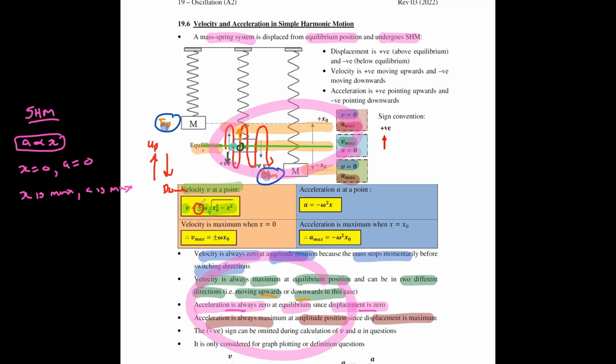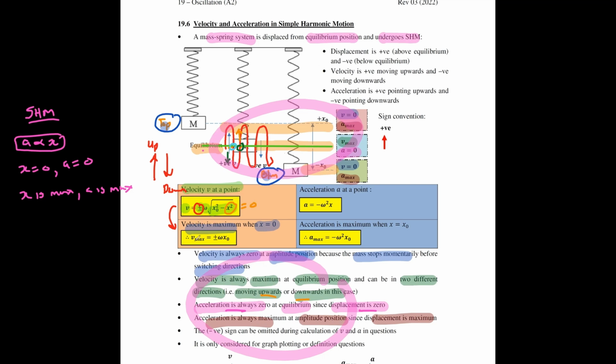Now, if you want to find out maximum velocity, you can actually derive it from this first equation. Just now I told you that velocity generally would be maximum when your displacement is 0, right? So all you just need to do is look at the first equation and substitute x equals 0.